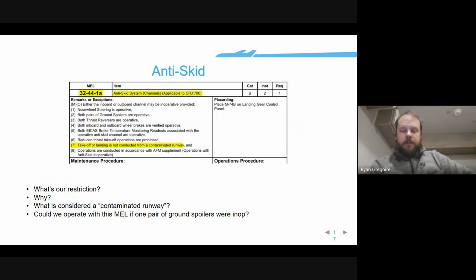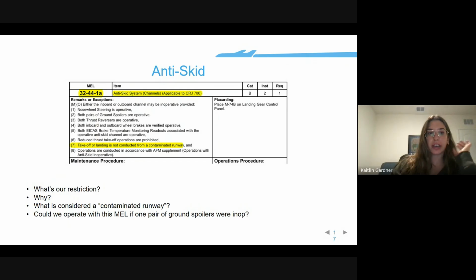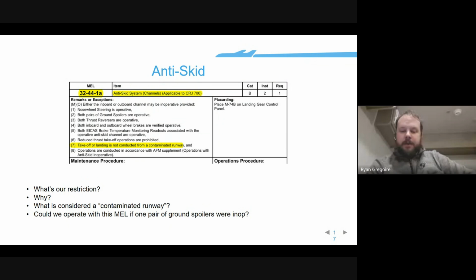Who can give me one? Kaylin. The one that's highlighted is takeoff or landing is not conducted with a contaminated runway. All right, cannot take off or land from a contaminated runway. What else?